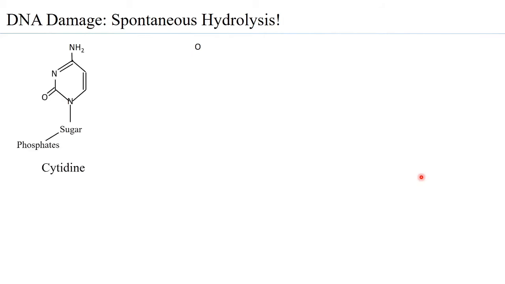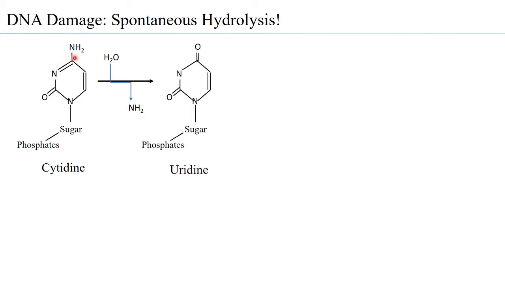Now let us consider cytidine. So cytidine basically has a cytosine with an amino group present over here. What is observed is, in presence of water, the water can spontaneously remove the NH2 by hydrolyzing this bond, and what remains is an O over here because of the water causing the hydrolysis.